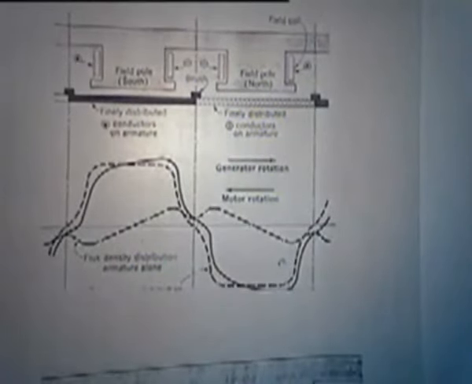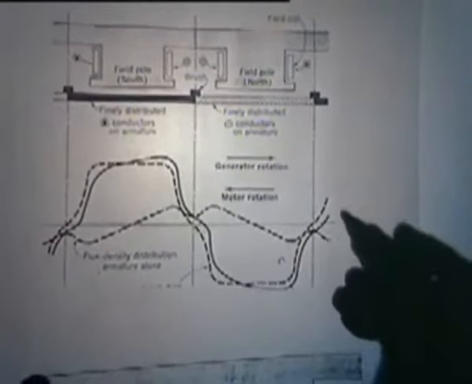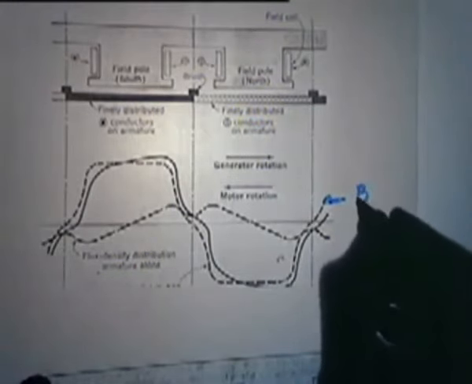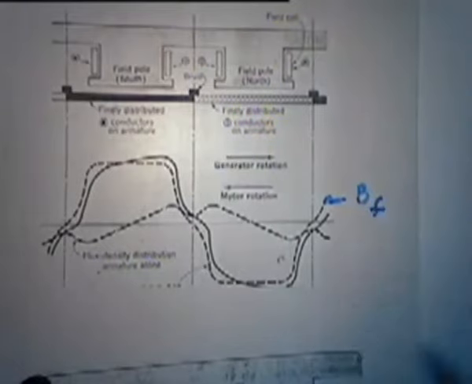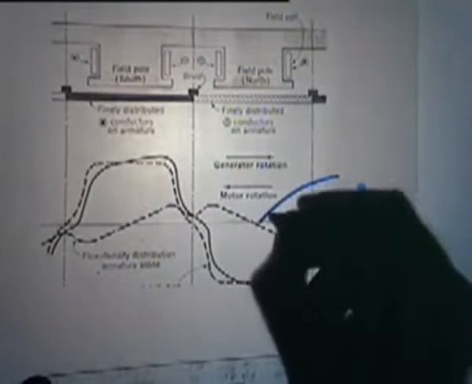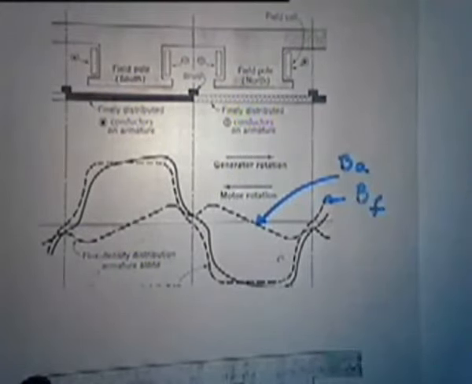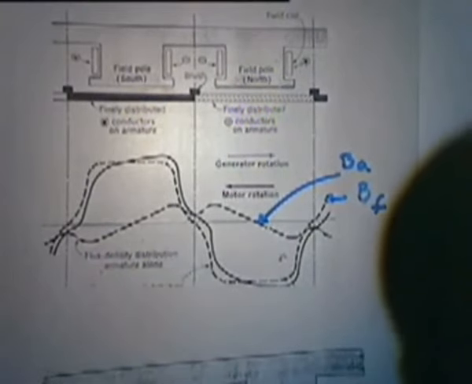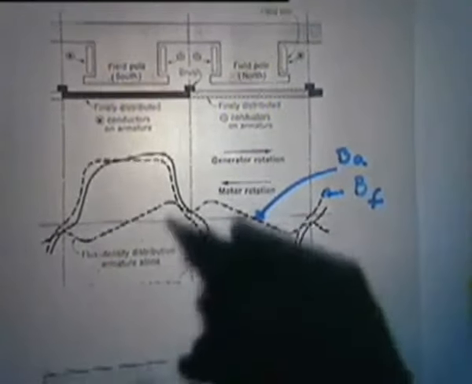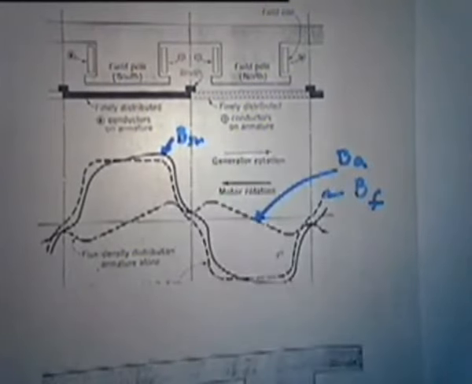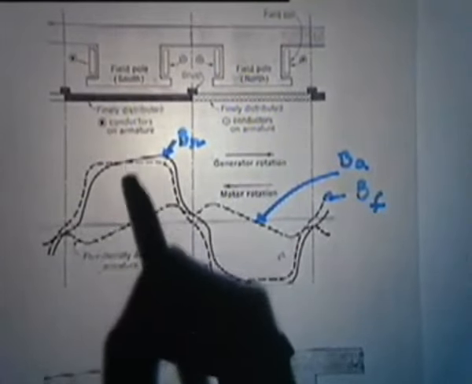So we will see that this is the flux density due to the field, whereas this is the flux density due to the armature. And if you add that, you will get this sort of flux density, the cumulative resultant of the two. That means you add this at all points.